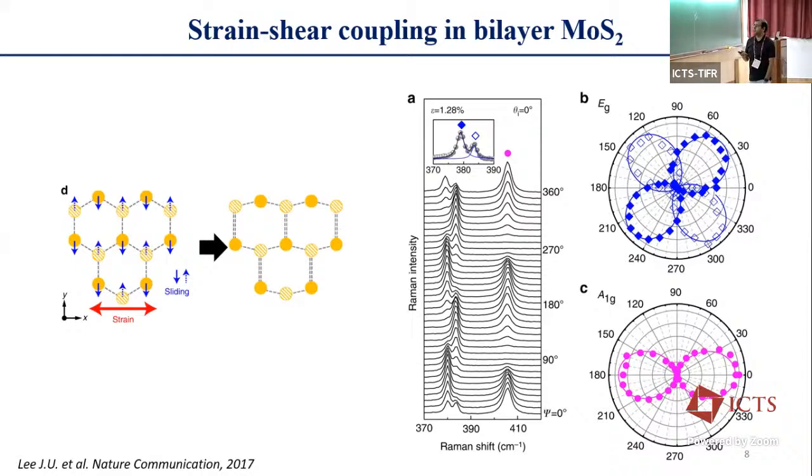Interestingly, this strain is not influencing the A mode, where the sulfur atoms are moving perpendicular to the layer. So this strain is not influencing the other modes much. Nevertheless, coming to the point of our discussion.